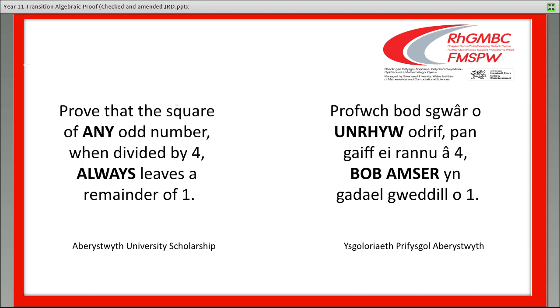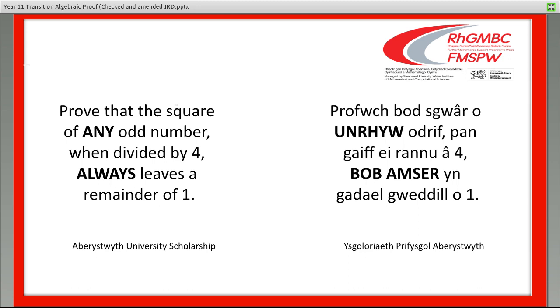By the time you leave primary school, you know what an odd number is. When you divide it by 2, there's always a remainder of 1. What happens when you divide by 4? Again, that's a concept you first met back in primary school. And the concept then of leaving a remainder of 1, that is also primary school. 5 divided by 4 is 1 remainder 1. 7 divided by 4 is 1 remainder 3.